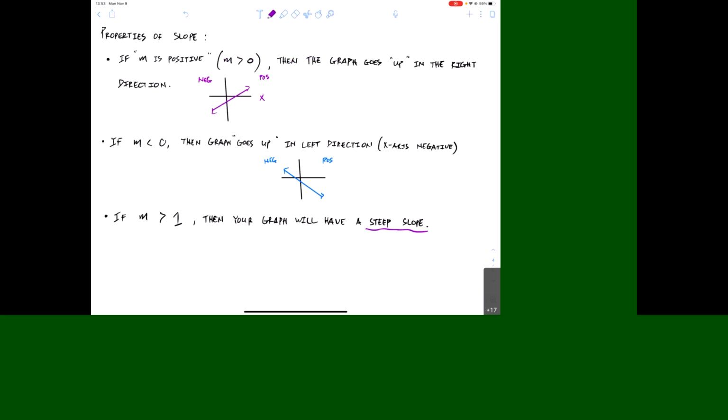So in other words, if you're more than 1, right, you'll have a line that goes pretty much in a very upward direction, right?